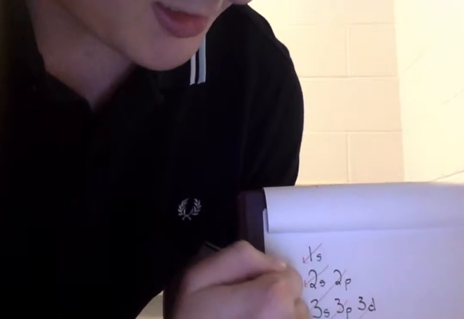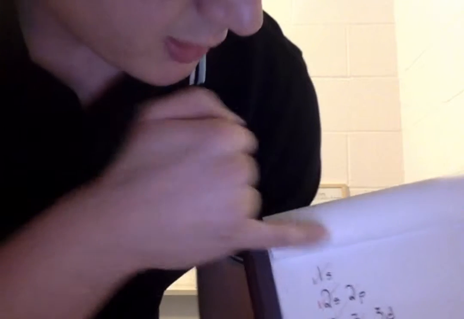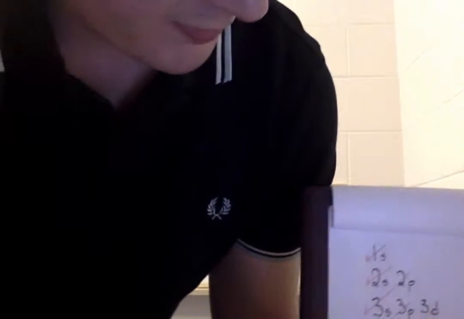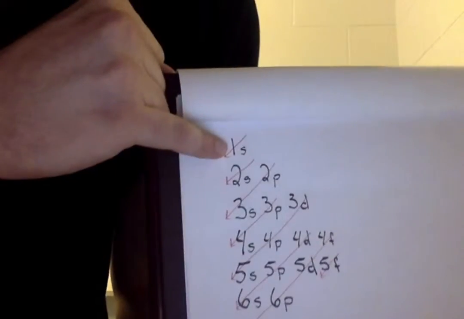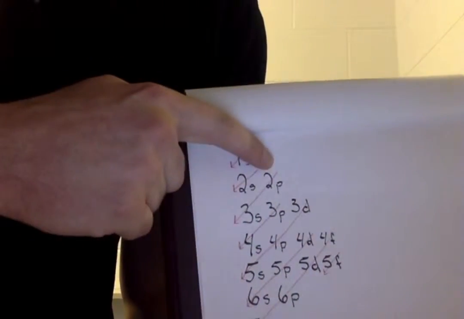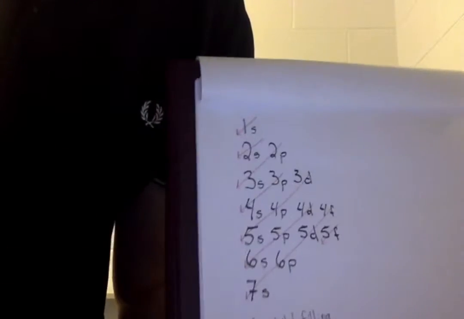Add P, D, and then F. Now include these diagonal lines going across. This lets us know the order of orbital filling. So for example, we would go 1s, 2s, 2p, 3s, 3p, 4s, etc.